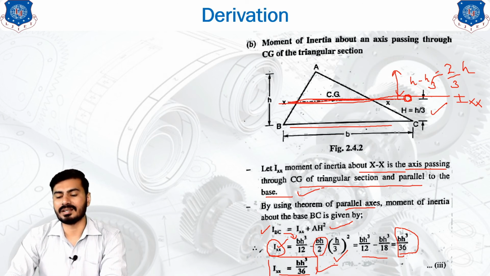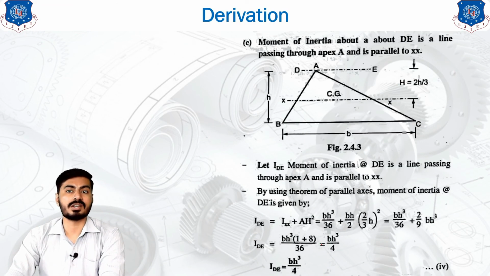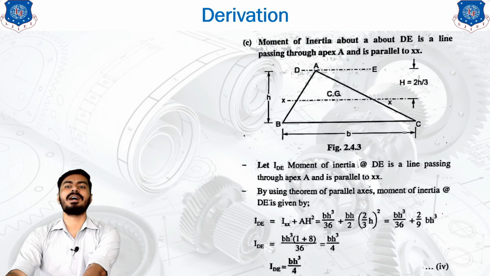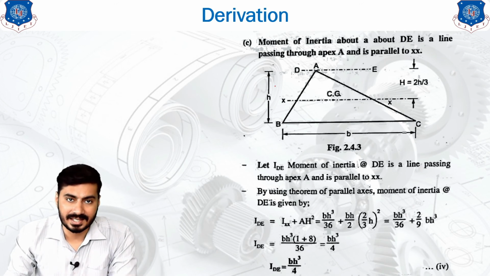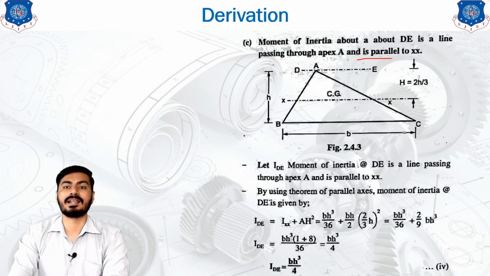Now we will see another derivation, the moment of inertia about the line DE, which passes through the apex and is parallel to the x-axis. Again, this line is parallel to the x-axis, and that's why we can directly apply the parallel axis theorem.